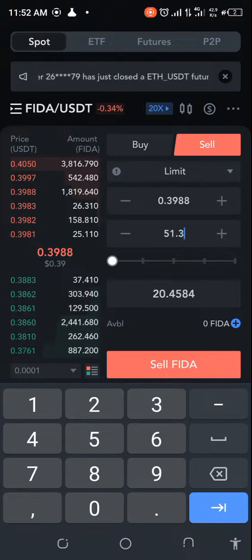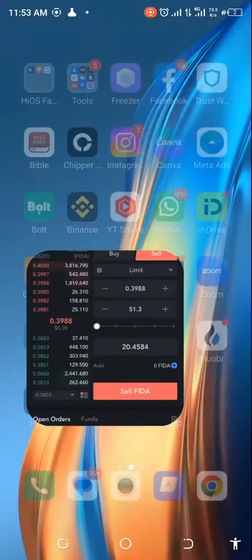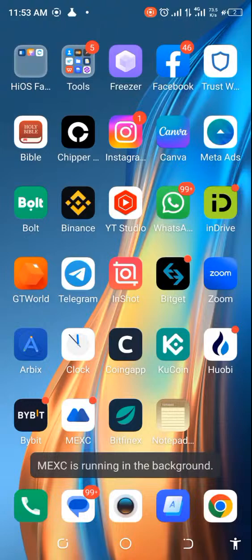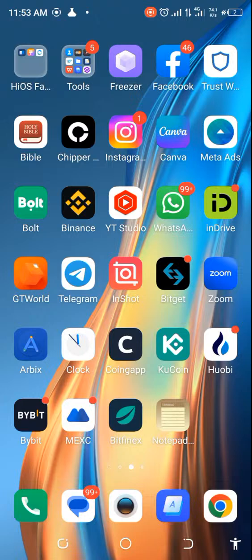By the time we take off all the expenses that are needed here, what will be the expense? The major expense will be the transfer fee. So now we need to go check in Binance to know what exactly is the transfer fee to get this over to Mexi. So let's quickly check this.